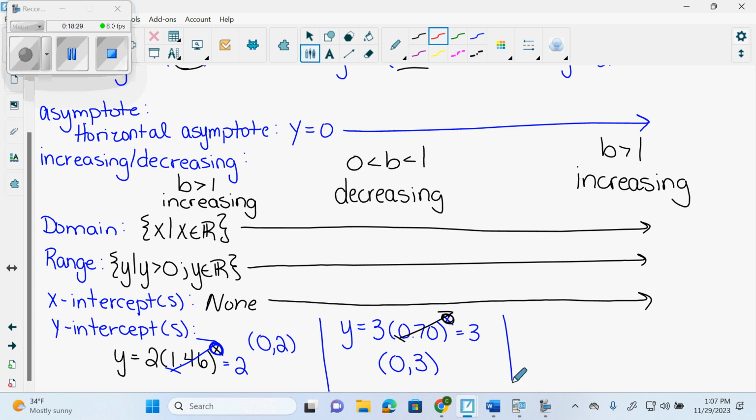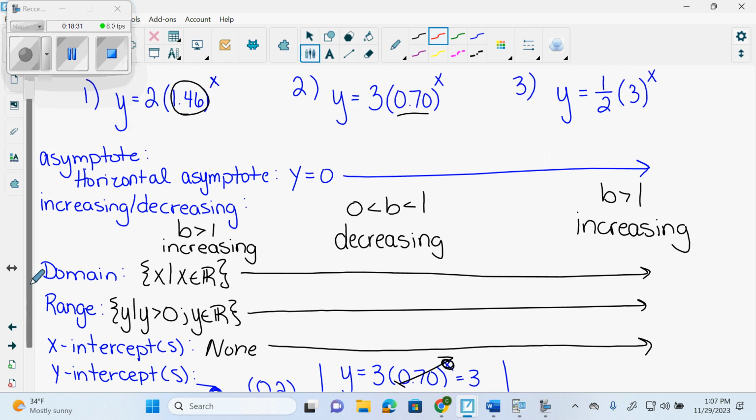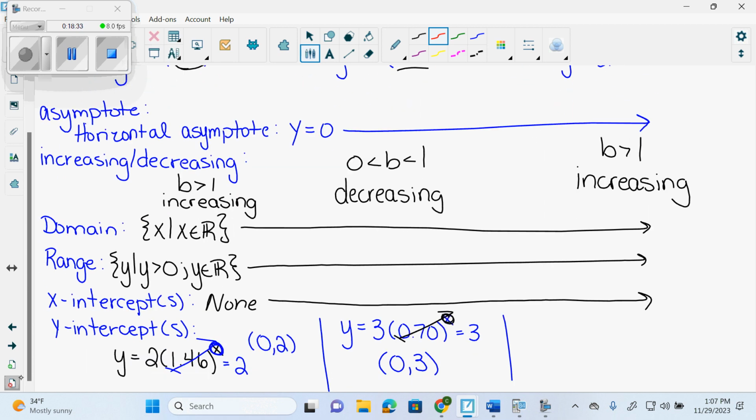All right. Y equals 1/2(3)^x. X becomes a 0. This becomes a 1, and I get 1/2. So it's (0, 1/2).